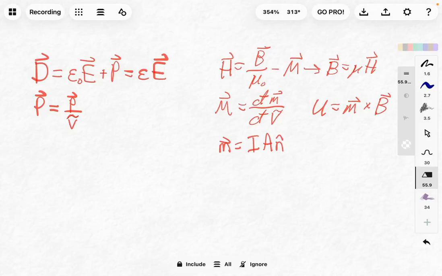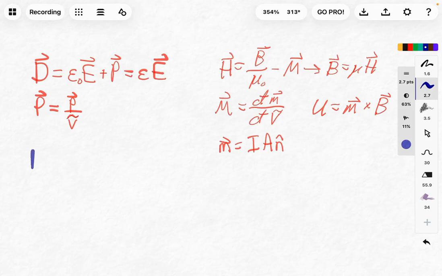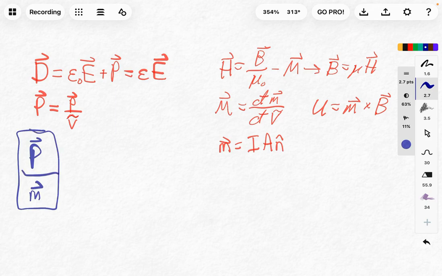On this episode, we are going to be talking about the EM field accessories, as I like to call them, as well as the magnetic and electric dipole moments. Those would be P and M, respectively.